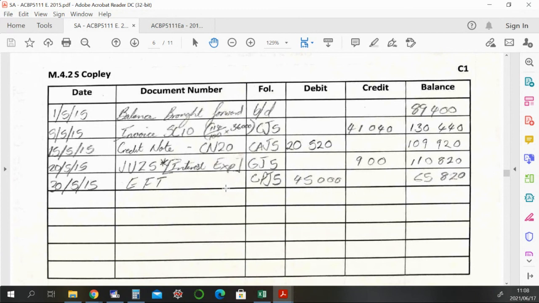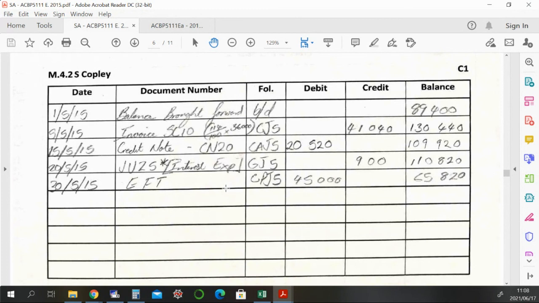JV25 was completed. Wherever you see JV, you know the general journal is affected. Base your calculation on 360 days in the year and round to the nearest rand.